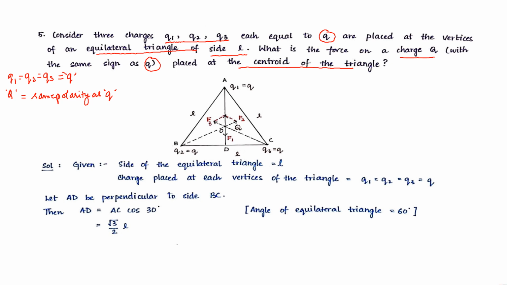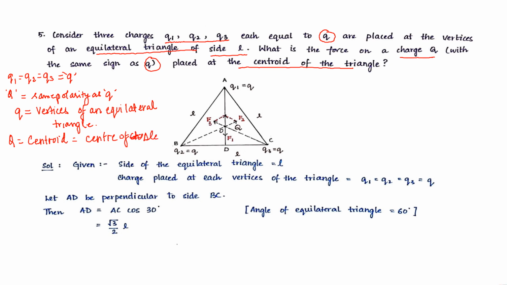Now, the position of the charges: small q are placed at the vertices of an equilateral triangle, and charge capital Q is placed on the centroid.